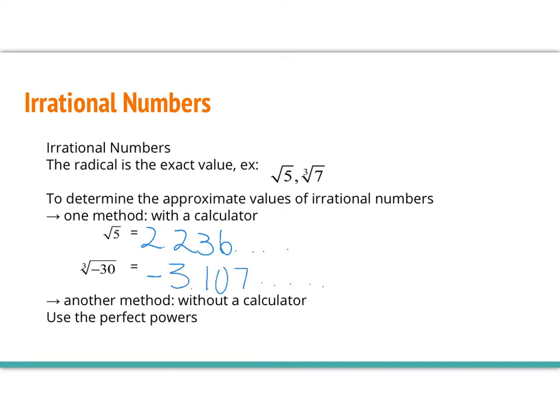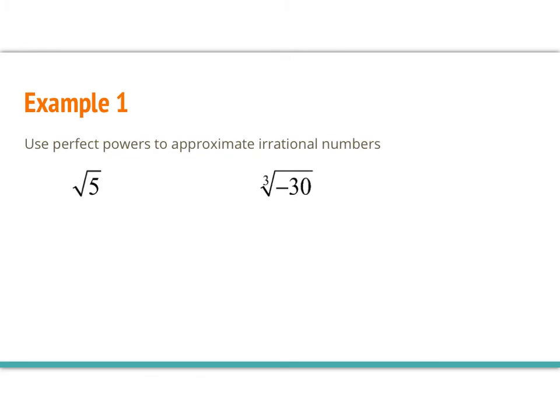Another method without a calculator is to use what we know of our perfect powers. For example, if we have the square root of 5, the nearest perfect powers would be the square root of 4, because the square root of 4 is equal to 2, and the next nearest would be the square root of 9.